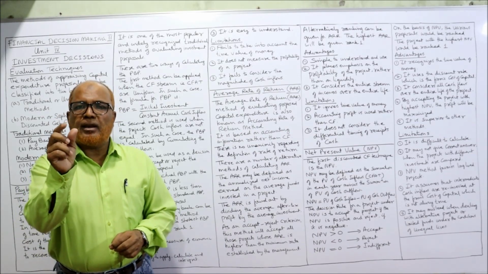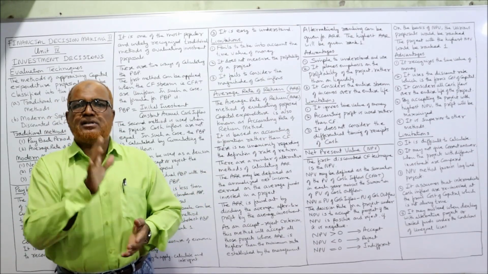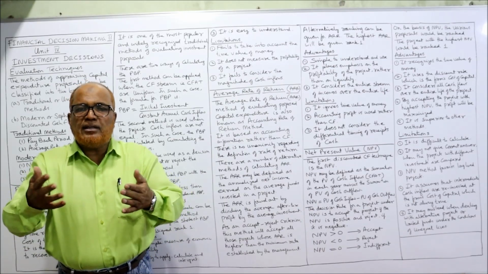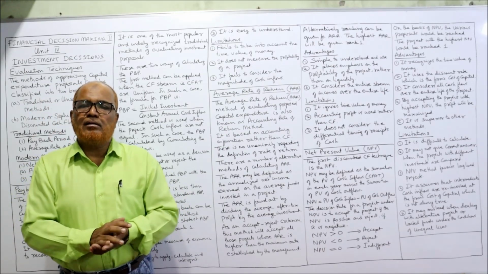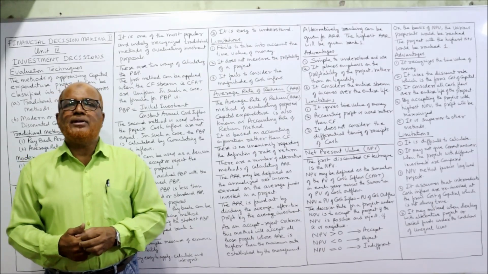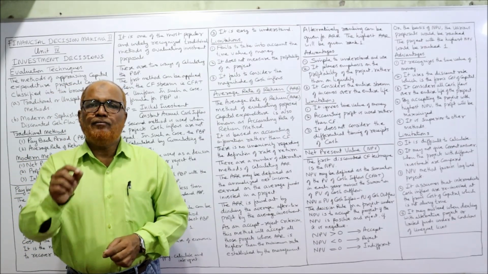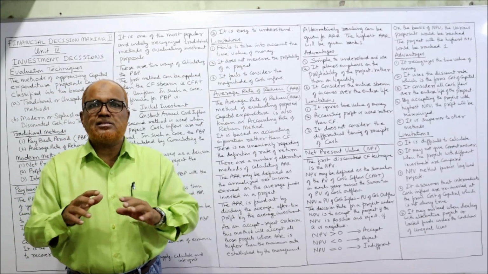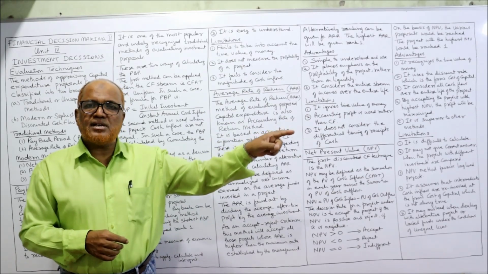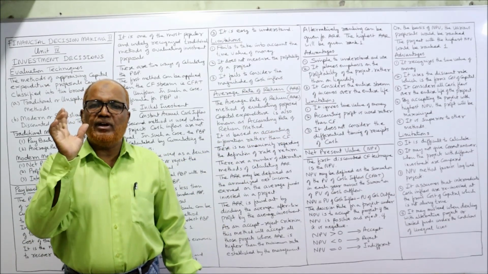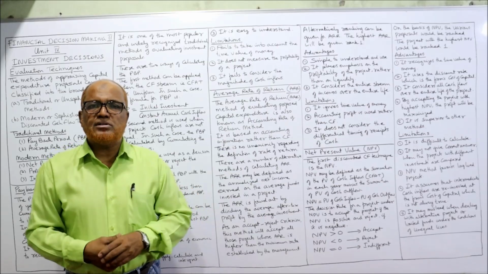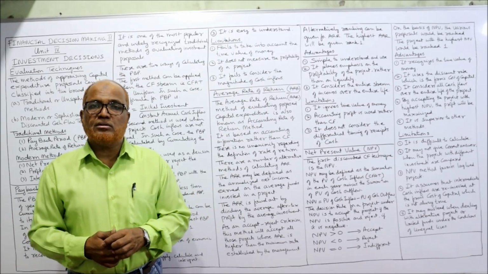The minimum rate given by the management is 20% ARR. Now we evaluate the proposal by calculating ARR. If the actual ARR happens to be 30%, we suggest the project should be accepted, because management needs minimum 20% and we got 30%.